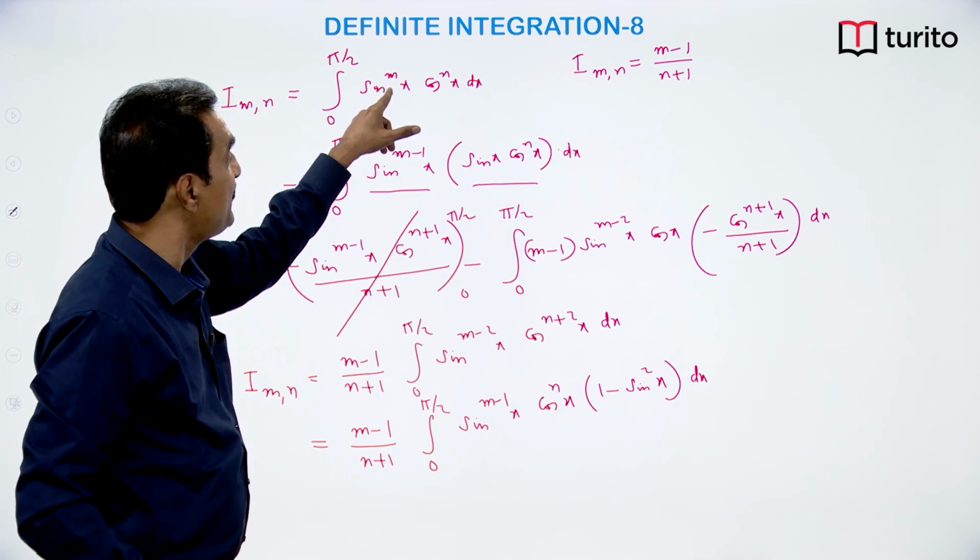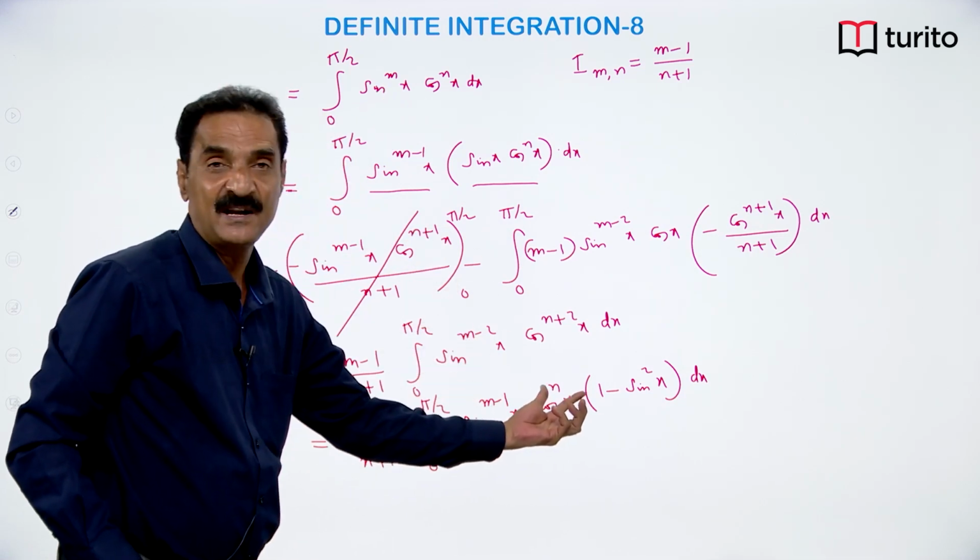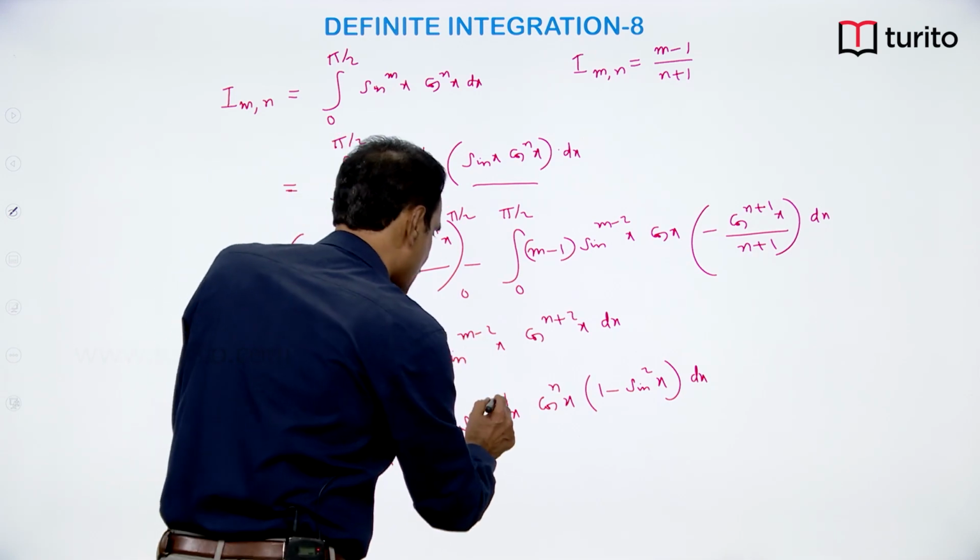What is it? If this is Imn, this will be I m minus 2 comma n. Sorry, it is m minus 2 now.